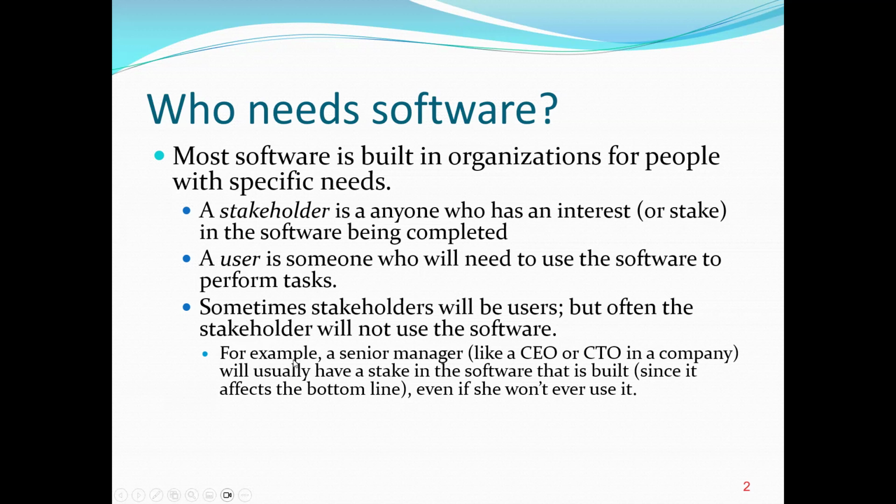Sometimes stakeholders will be users, but often a stakeholder will not use the software. For example, a senior manager like a CEO or CTO in a company will usually have a stake in software that is built, since it affects the bottom line, even if he or she won't ever use it.